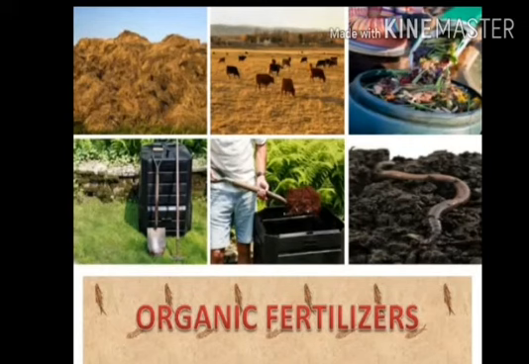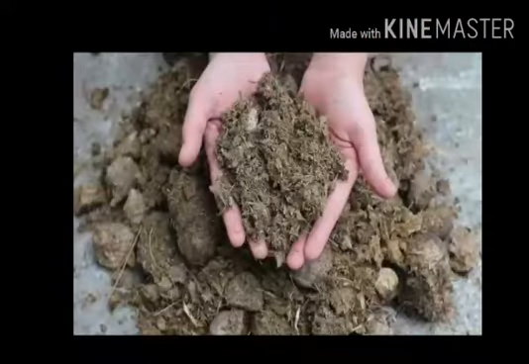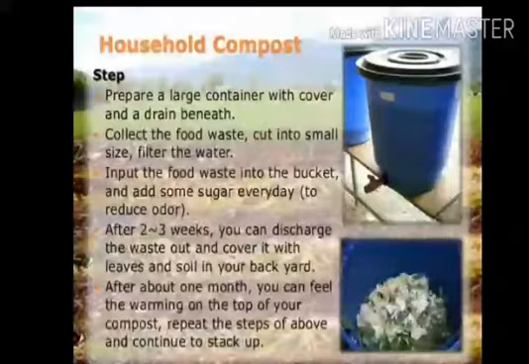Organic fertilizer is natural fertilizer where animal waste as well as plant waste are dumped into a pit and allowed to decompose for more than 3 weeks, and then used as a fertilizer. Here you can see animal cow dung. It is also called organic fertilizer.